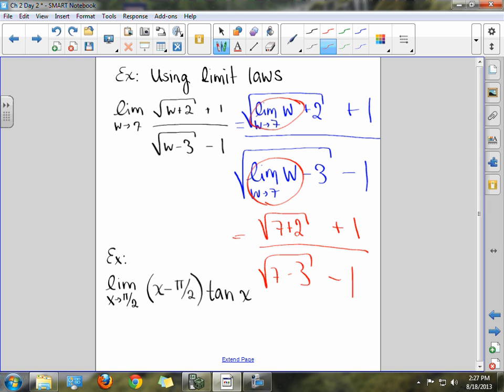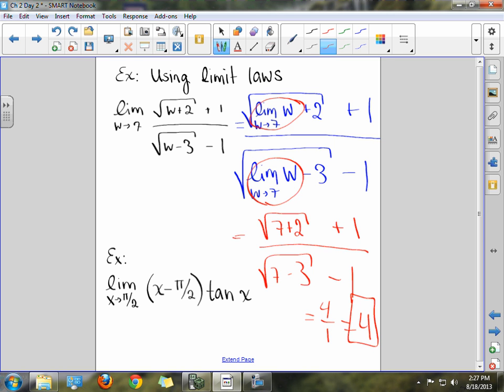And you get 4 over 1, which is 4. So I'm able to use the limit laws, knowing very little about limits, and evaluate this limit algebraically.